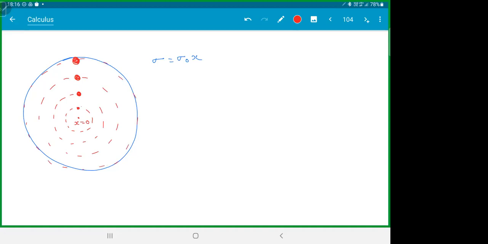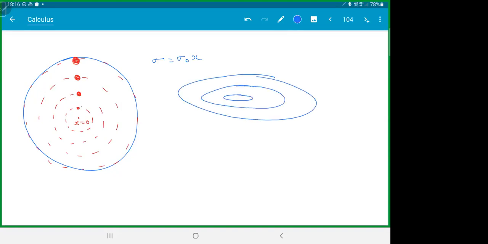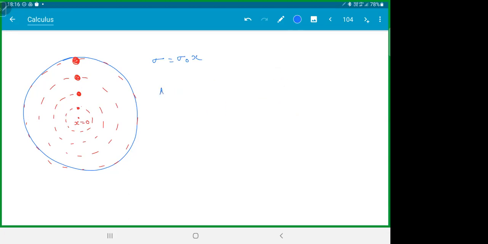Meaning someone constructed a disk made of, maybe in the center it is thermocol. As you're going out, you have aluminum, then you have steel. So it is a variable disk. The density is changing. So basically, as the radius increases, as we go away from the center, density increases, therefore mass increases.